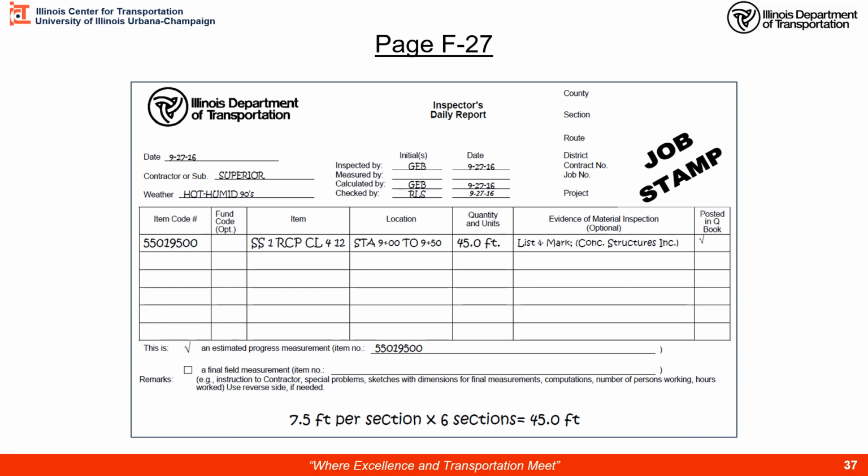We measured one section of pipe and it was 7.5 feet. We put in 6 sections, so 7.5 times 6 is 45 feet. So we're going to put that in as an estimate, showing a logical method for estimating so that somebody who's checking our work can follow along and it's reasonable.